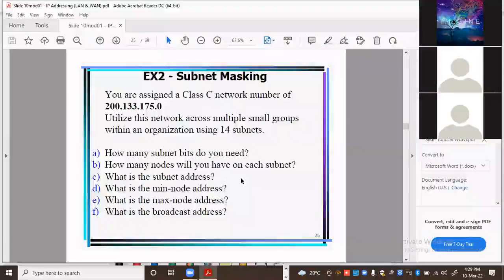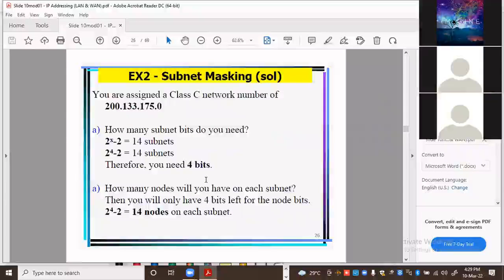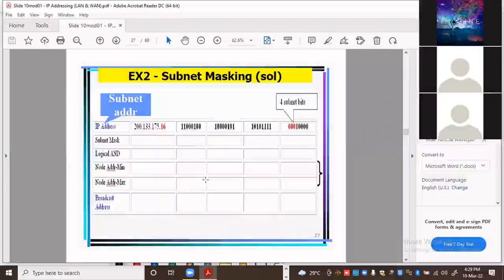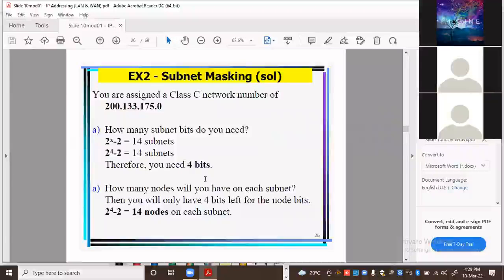Those give you the nodes. But the question is the number of nodes that will be used. So if it's 4 bits, then 2 raised to the power 4 should give you the total number of nodes, which in this case will be 16, right? Right, guys? Yeah, so it'll be 16, but minus 2 because you have two unassignable ones.